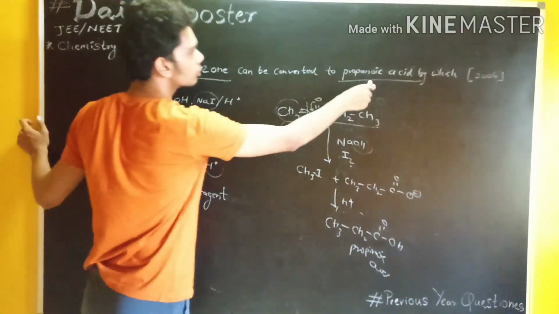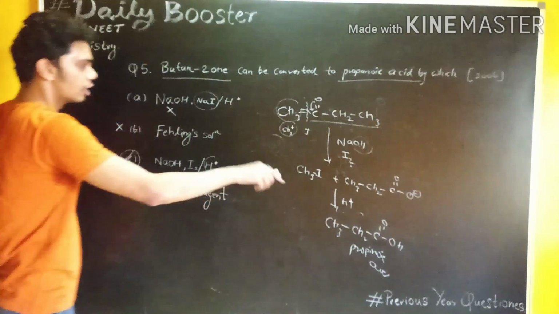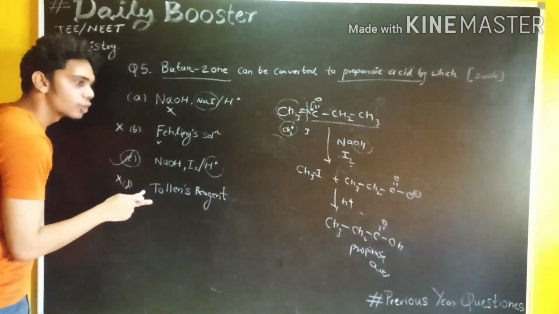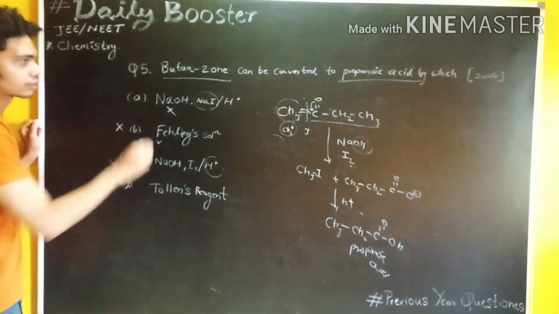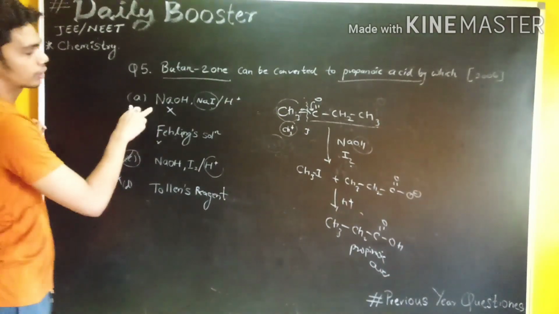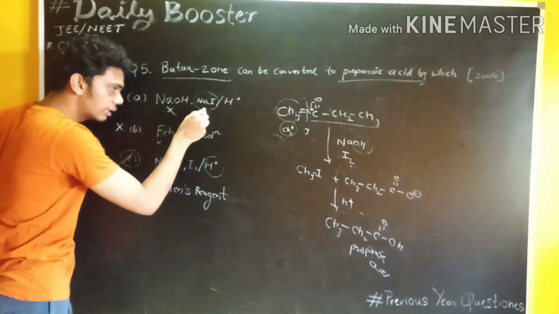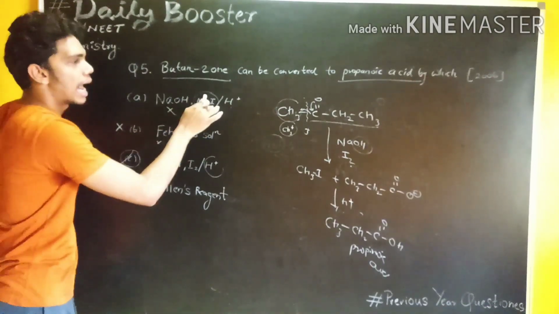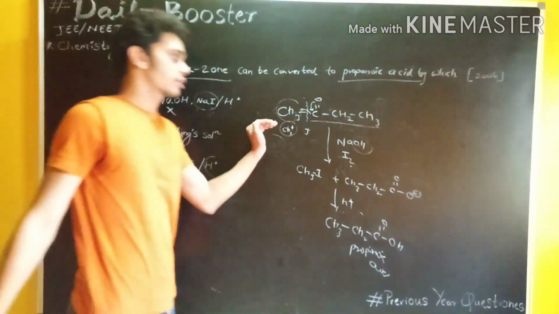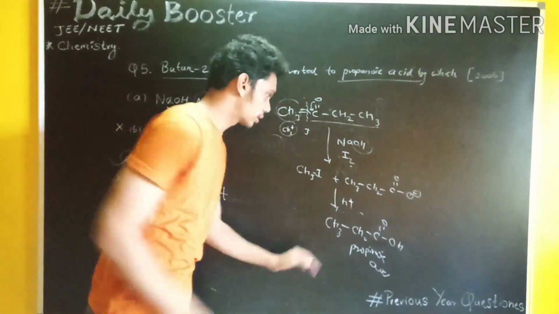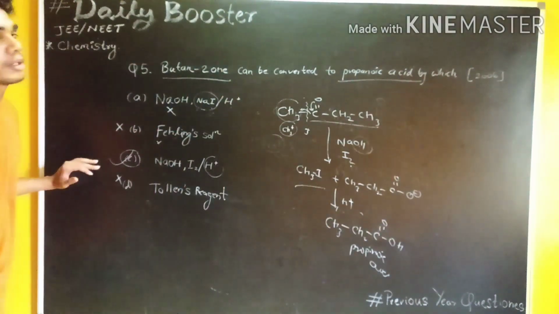Butan-2-one to propionic acid, one less carbon. So Fehling and Tollens will not play any role. Then A and C, you have to consider NaOH, and an acidic condition is there. But in this case, sodium iodide is used, which acts as a restriction, so it will not form this. So option C is your correct answer.